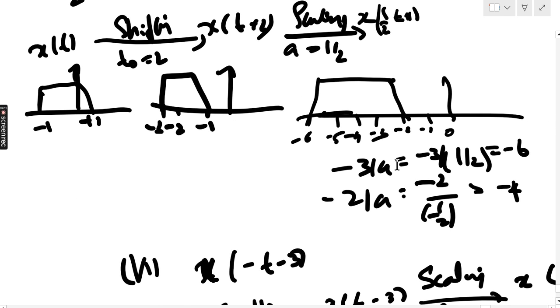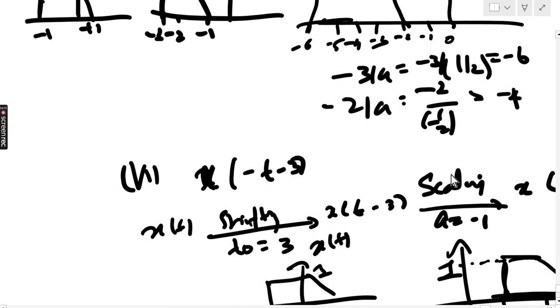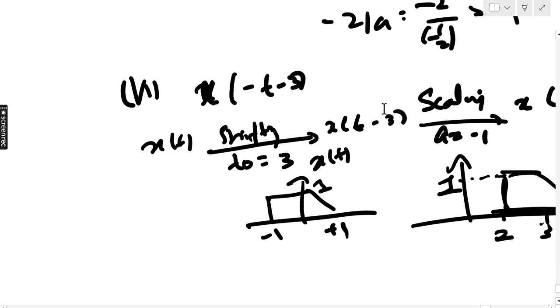This is the thing, minus 3 by a and minus 1 by 2 6. This 2 by a we are giving as a is equal to 1 by 2. So if you do like this, multiply 2 into minus 2.